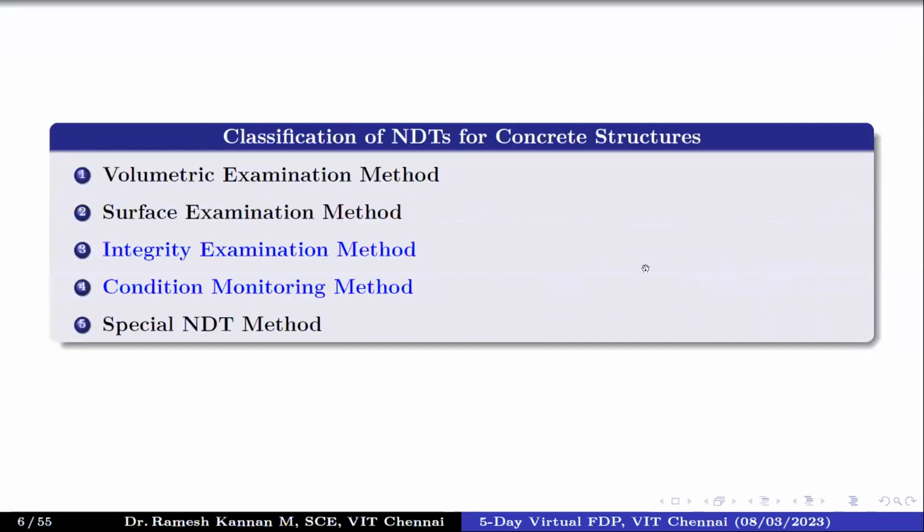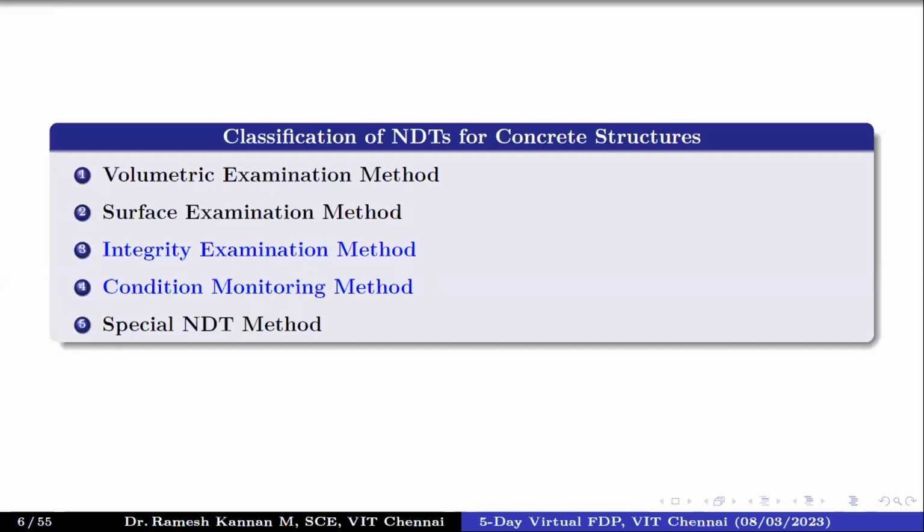To classify NDT, actually NDT is used in almost any field, from aerospace to structural engineering and so on. The classification may not be common for all streams, but I've classified NDT for concrete structures into five. First, volumetric examination methods. People talk about buckling and other related phenomena, and if they want to study how a member buckles or undergoes volumetric transformation, they can use the volumetric examination method.